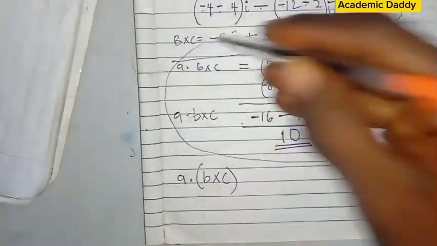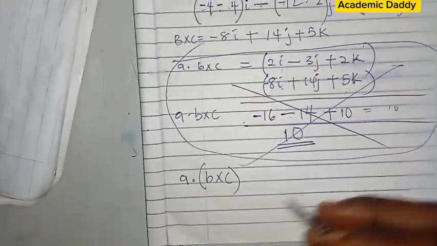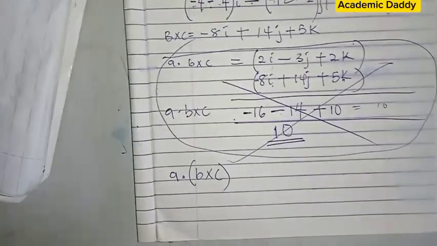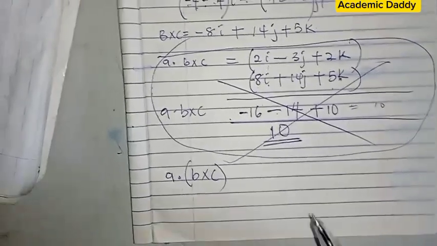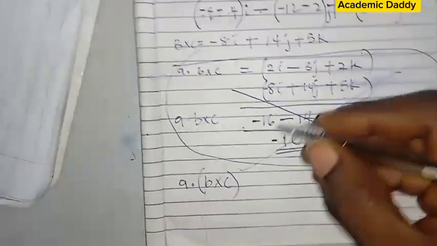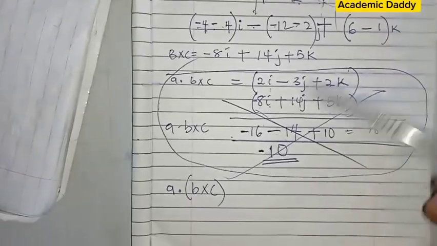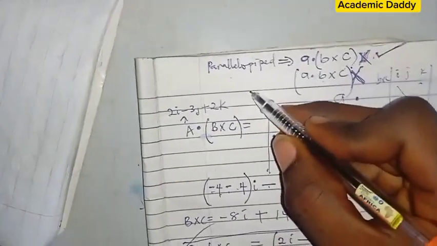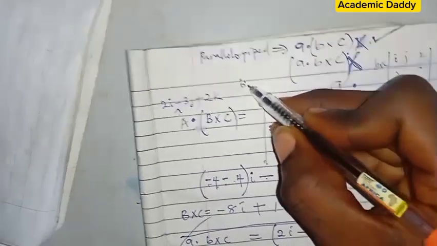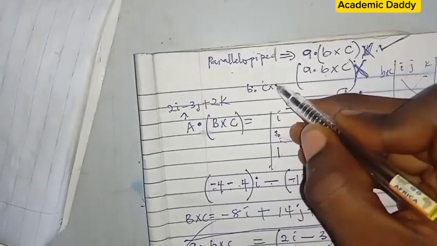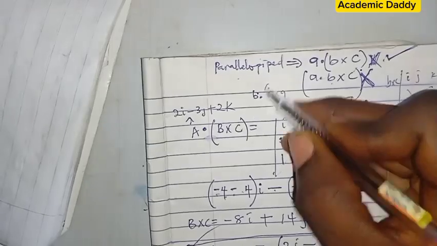So this is wrong. How I normally know my answer is correct is that by the time I finish, I take time to solve it again and see if it gives me the same result when I do B dot C cross A. And if it's not the same thing, I know that it's supposed to be this way.